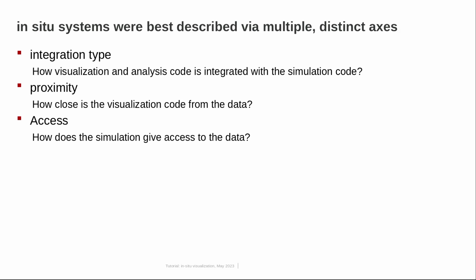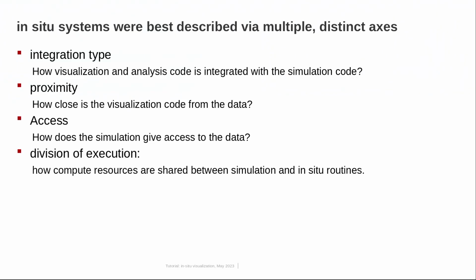Access. Do we access data through pointers? Are we able to do zero copy memory sharing? Division of execution, I've mentioned that already, is do we stop the simulation to be able to do transfer, to be able to do visualization, or do we run the visualization algorithm at the same time we run the simulation code?